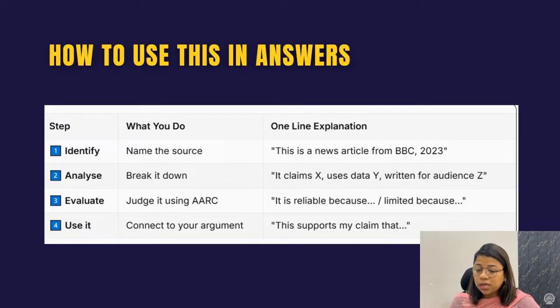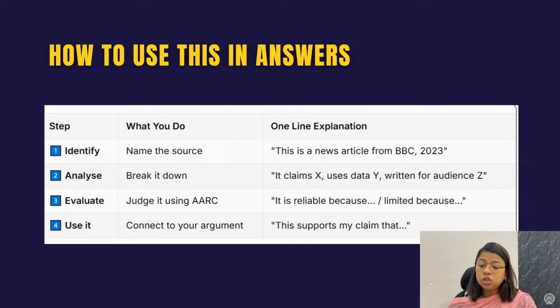To break it down, you can say it claims X, uses data Y, written for audience Z. Now, why is it important to analyze? Because as a reader or an examiner, it's important for the examiner to understand that you have that eye for detail, for the exact data from the source, and that is reflected in your analysis.